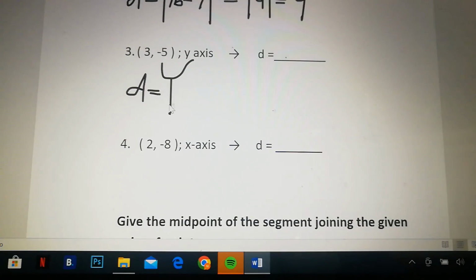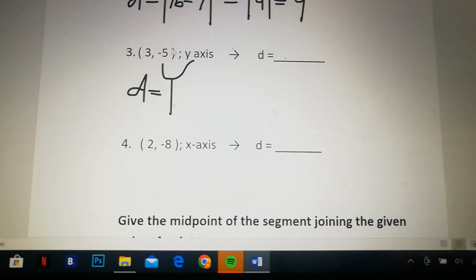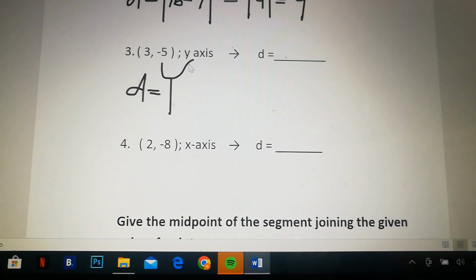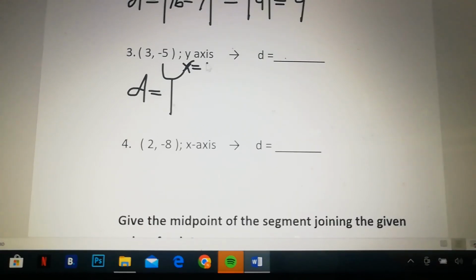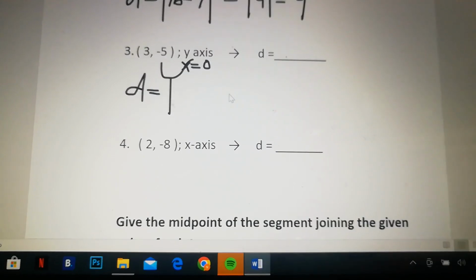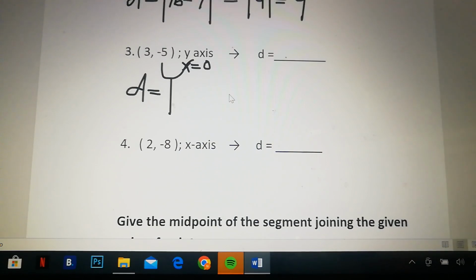So since x is equal to 0, that refers to the y-axis, or simply x is equal to 0. So what is the distance? That is the distance from the y-axis, or x equal to 0.